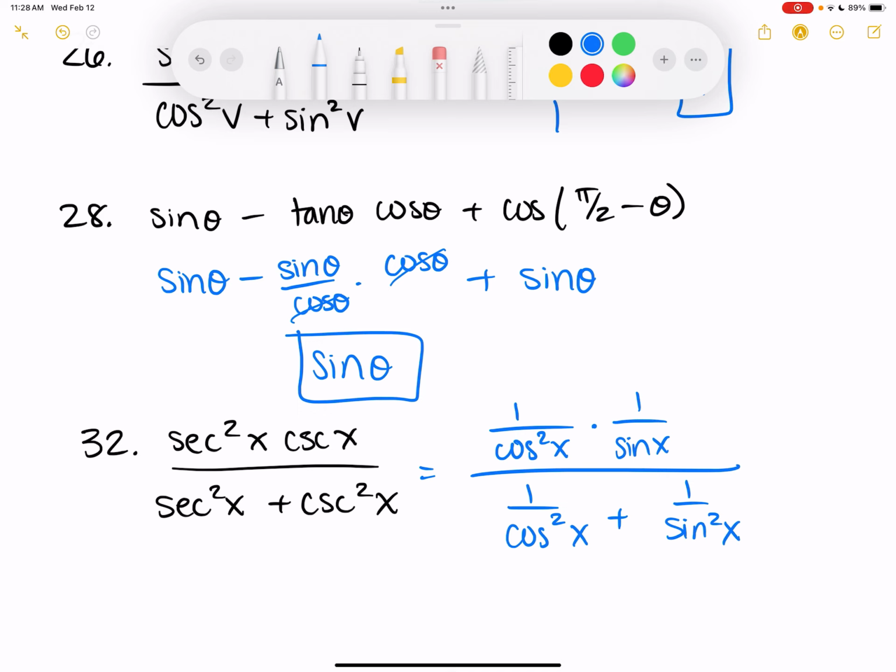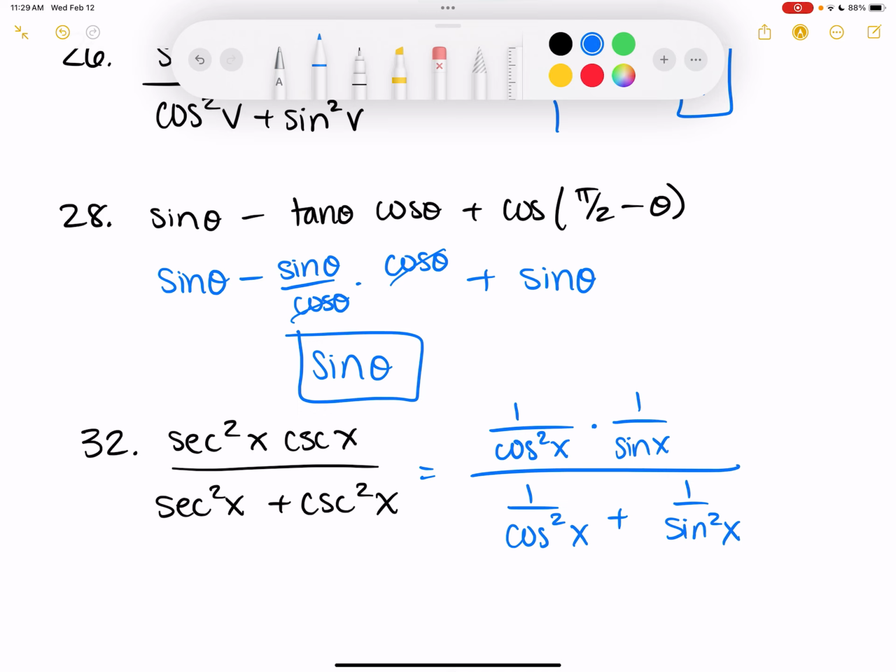Any ideas what I might need to do next? So I can't do that quite yet because I've got adding on the bottom, not multiplying. But ultimately I will do that. If I want to add 2 fractions, what do I need? Common denominator.